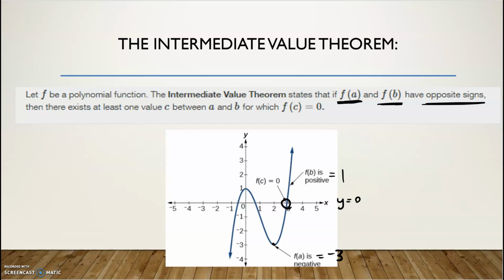If you have a y value up here and a y value down here for your function, and that function is a polynomial, which we know is smooth and continuous, then somewhere in here it has crossed the x-axis to get back from that negative up to that positive, or vice versa. So we can be guaranteed at least one x value that, when you plug it into your function, gives you 0, which means you have a root or an x-intercept.